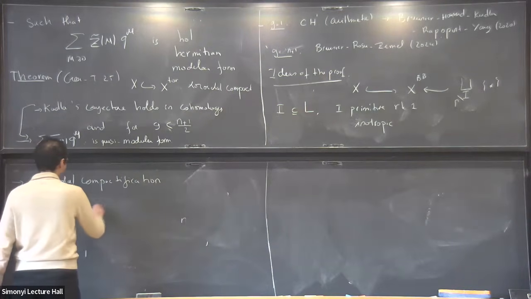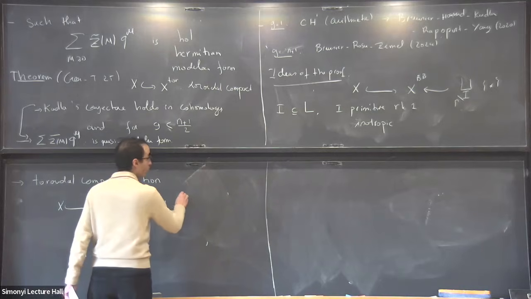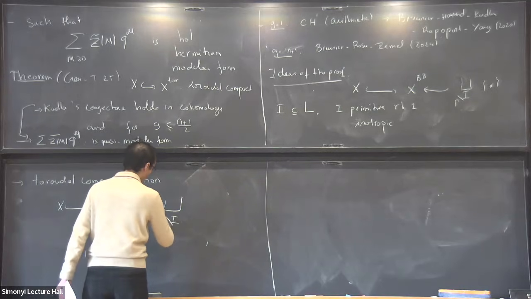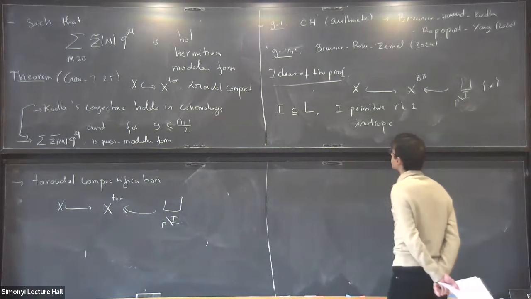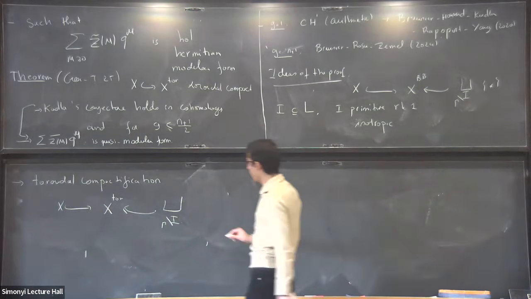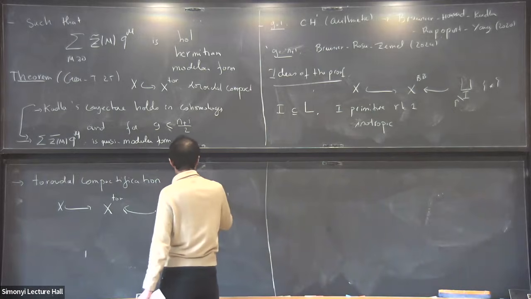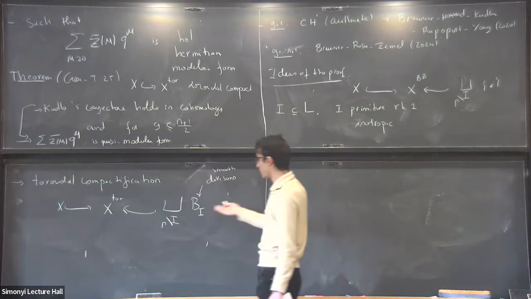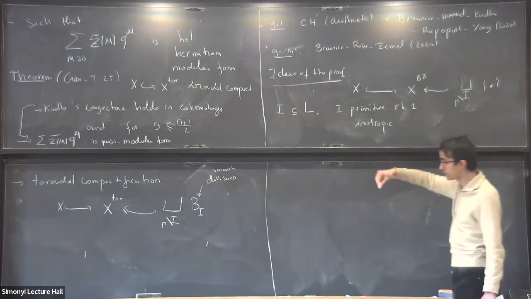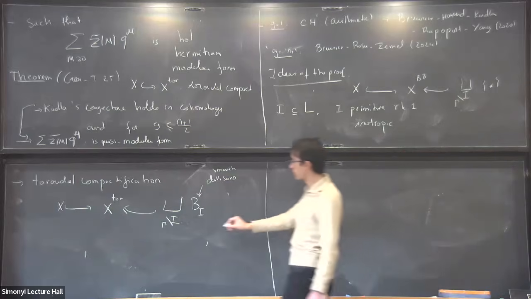X is compactified with X toroidal, and then the boundary is a disjoint union, again, over all these rank 1 isotropic primitive sub OK modules of L. There are some boundary components, let me call them B_I. These are smooth divisors. The boundary is really just a disjoint union of smooth divisors, and each divisor lives over the corresponding point in the Baily-Borel when you map to the Baily-Borel.